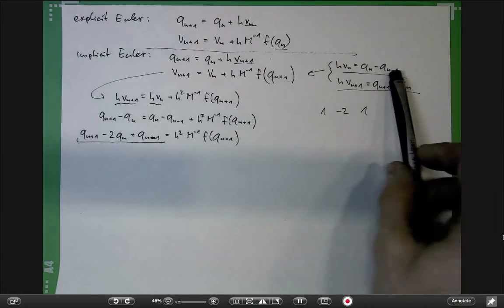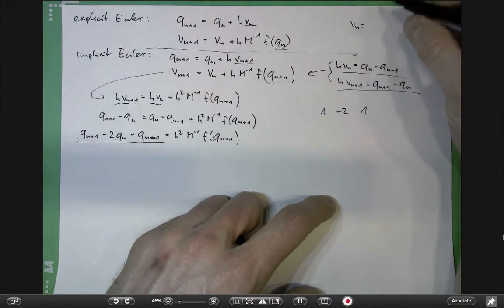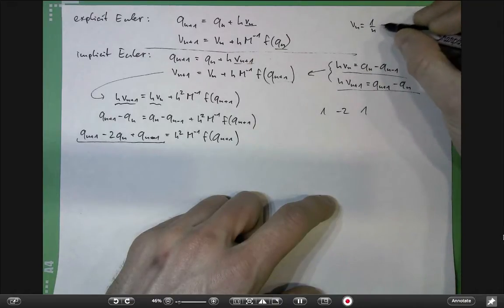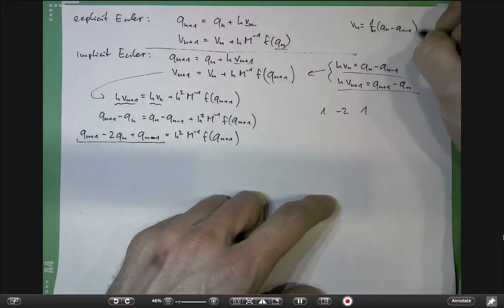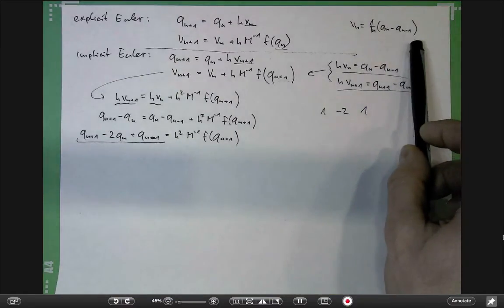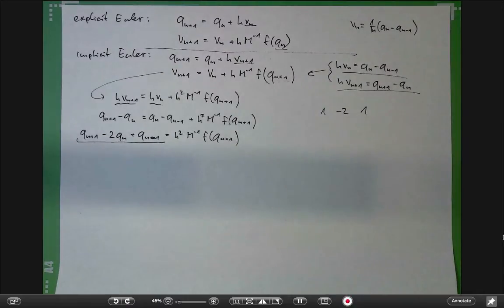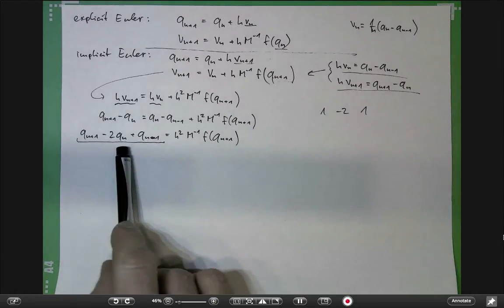Just like this is a discrete approximation of the first derivative, right? The Vn, if I put the h on the other side, is 1 over h times qn minus qn minus 1. This is nothing but the discrete approximation of the first derivative, right? And the second derivative is nothing but a derivative of a derivative. So this is a discrete approximation of a second derivative of this state.